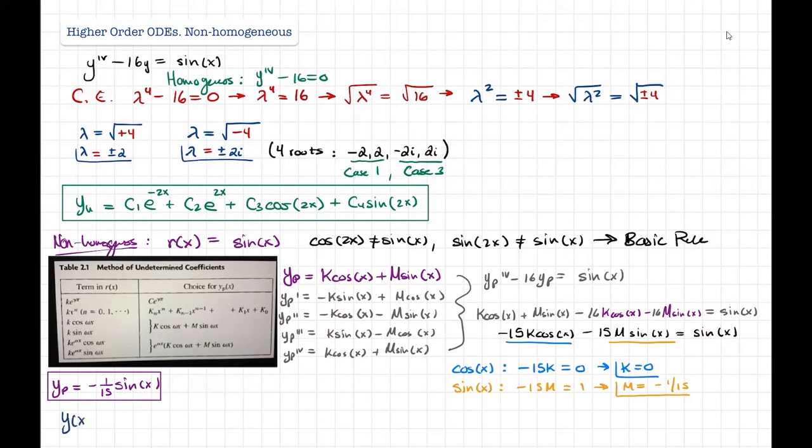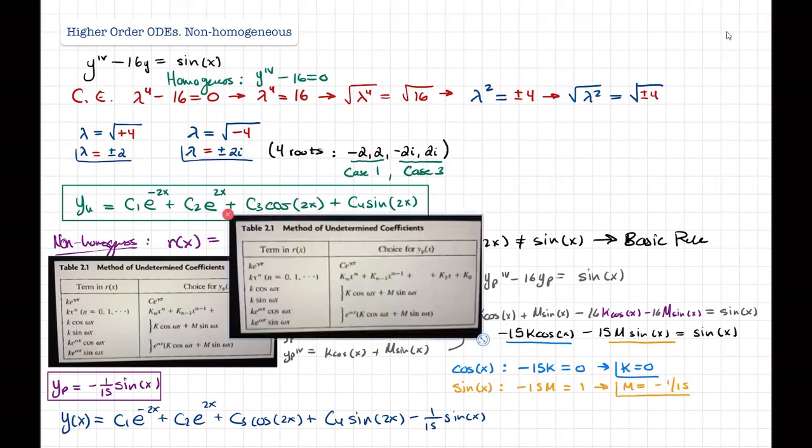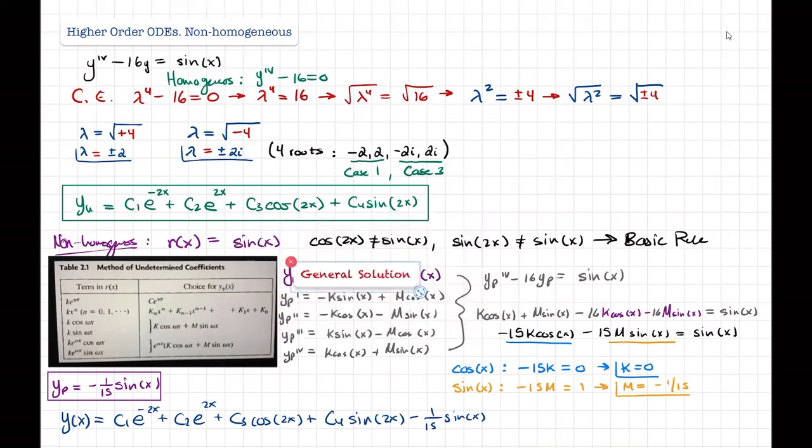So y of x is equal to C1 e to the negative 2x plus C2 e to the 2x plus C3 cosine of 2x plus C4 sine of 2x minus 1 over 15 sine of x. And everything here in blue will be my general solution.